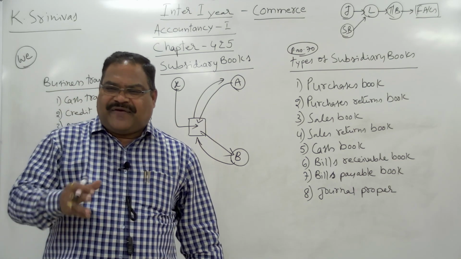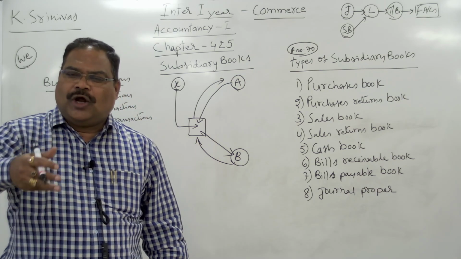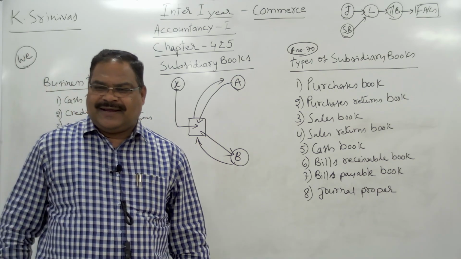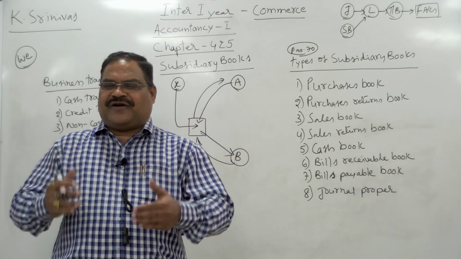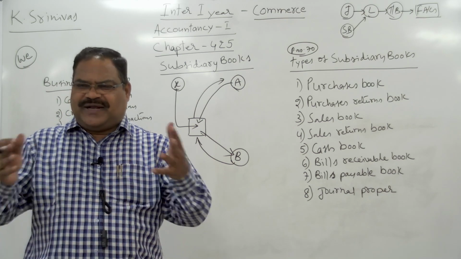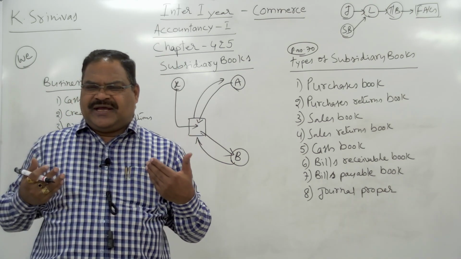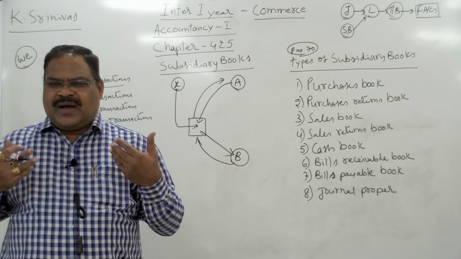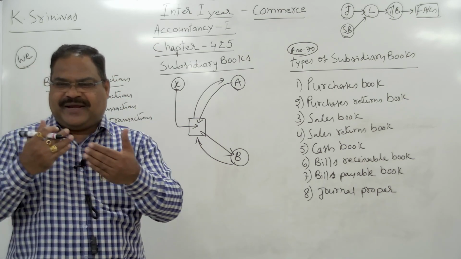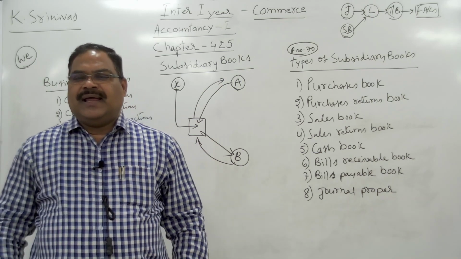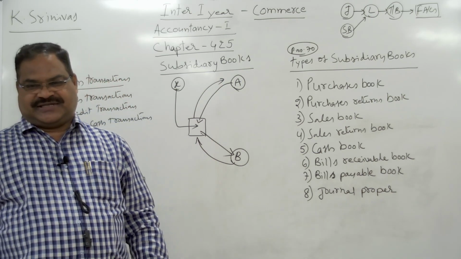We have to pay the electricity bill in cash only. Likewise, when we are dealing first with cash, there are so many things. Purchase of machinery is required. Purchase of furniture, buy cash. Cash is going out and assets are coming in. These are all called cash transactions.